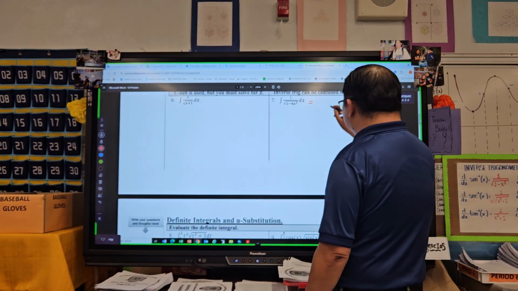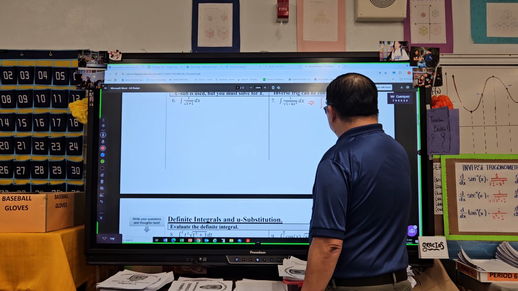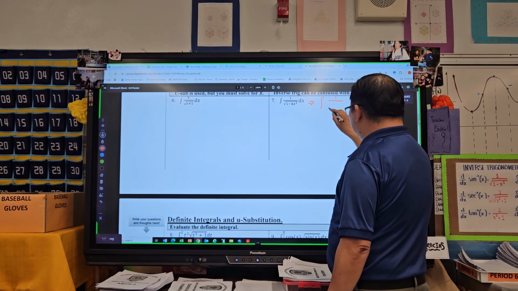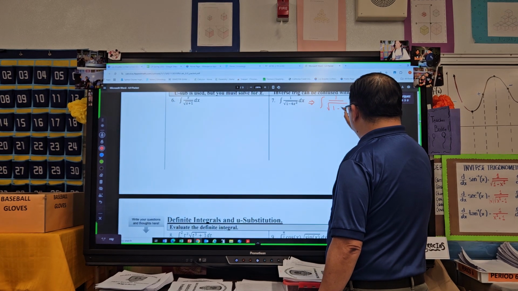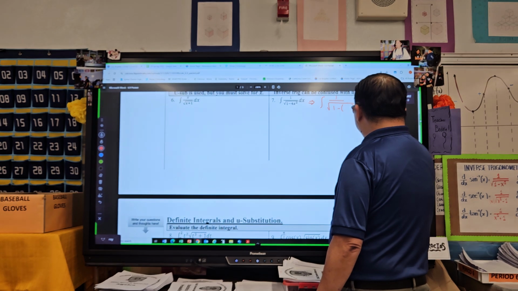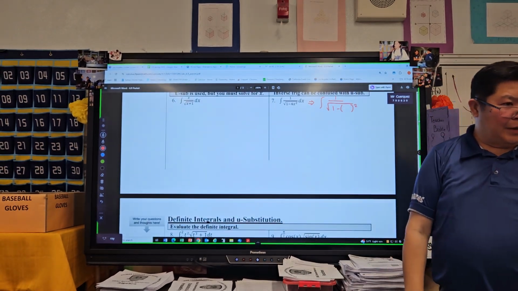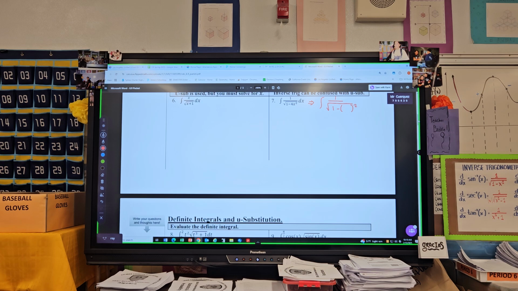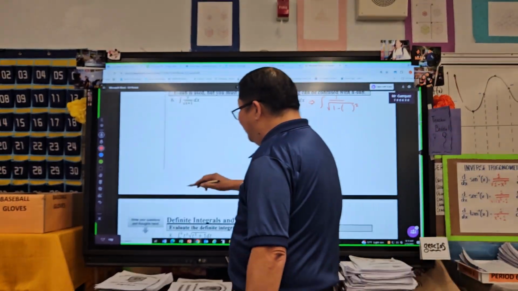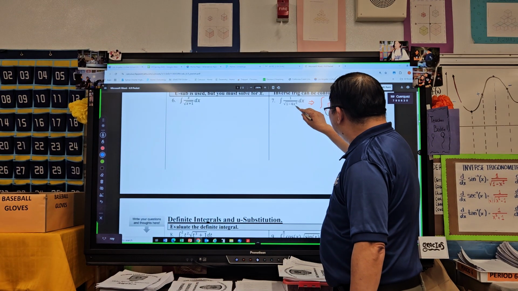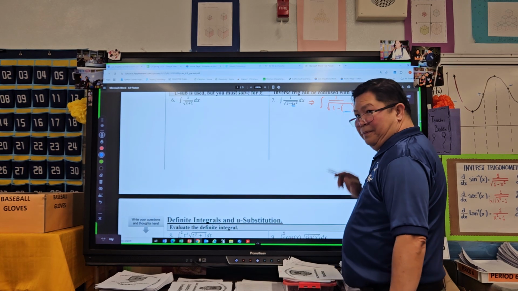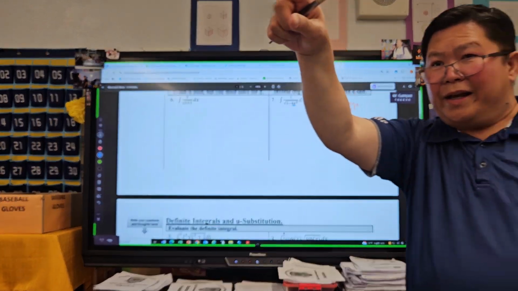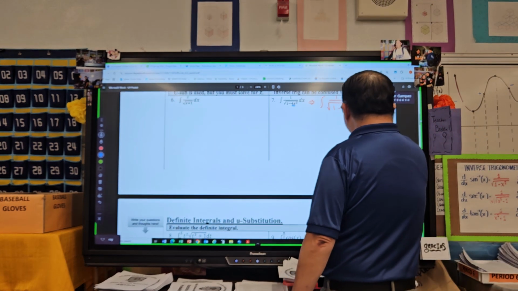Can we rewrite this into the integral of 1 over square root of 1 minus something? So what must be the inside if we rewrite? For x? Say it. 2x. Very good. 2x.